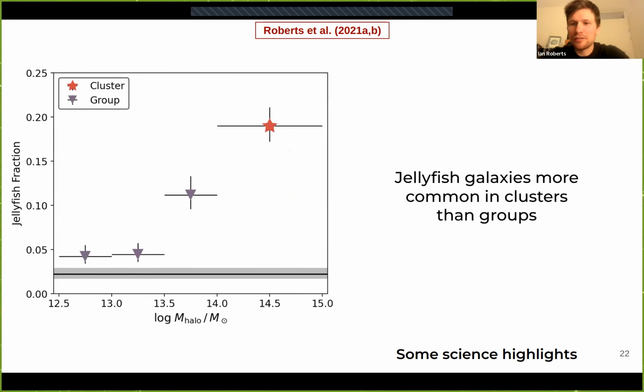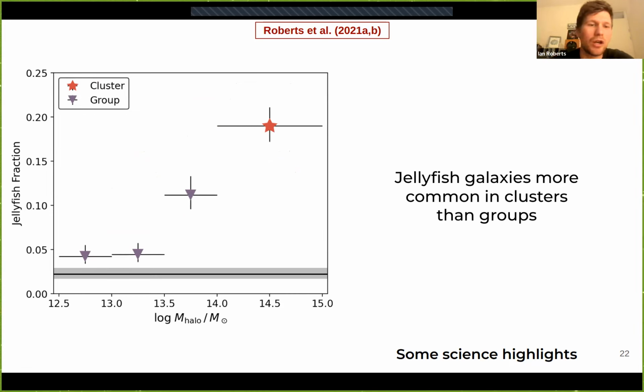Similarly, now that we have a sample of these types of galaxies, not only in high mass clusters but also in galaxy groups going all the way down to 10 to the 13 in terms of halo mass and below, we can try and look at the frequency of these types of galaxies as a function of environment.